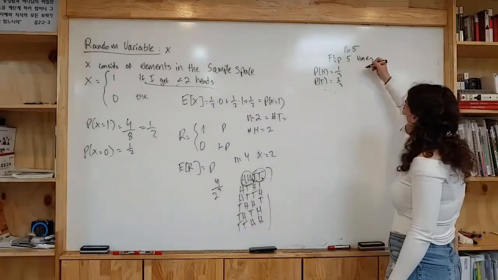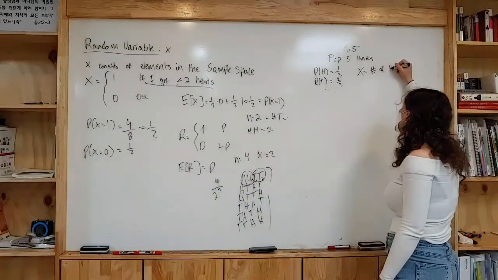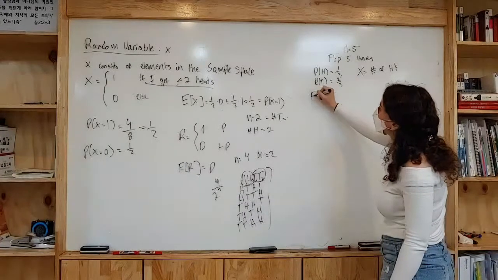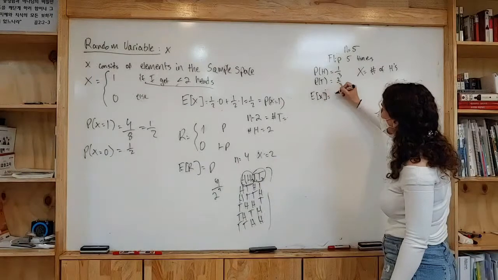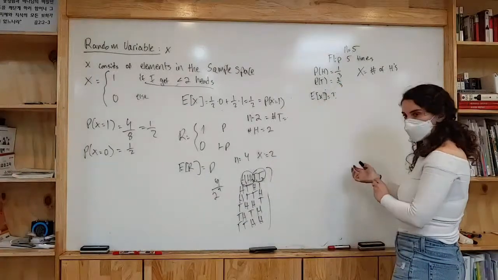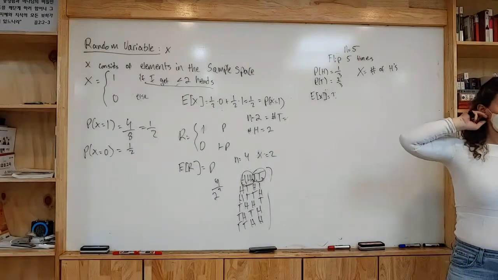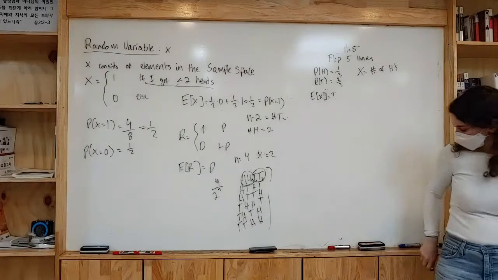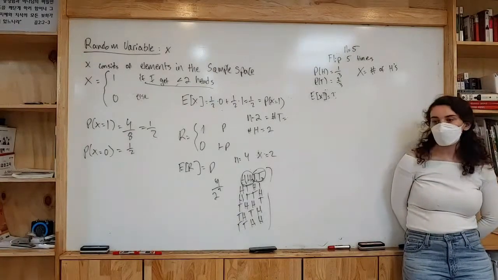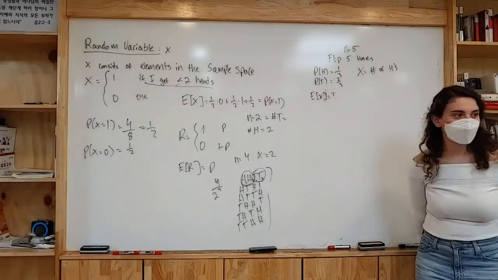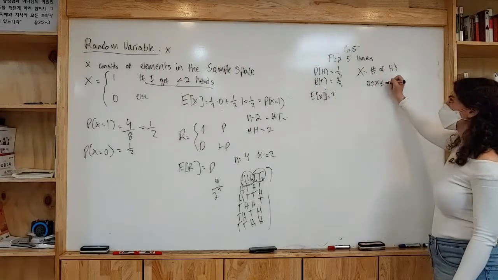Alright, so let x equal the number of heads. Tell me what E of x is. So start writing out your probabilities. 0 is less than or equal to x, less than or equal to 5.